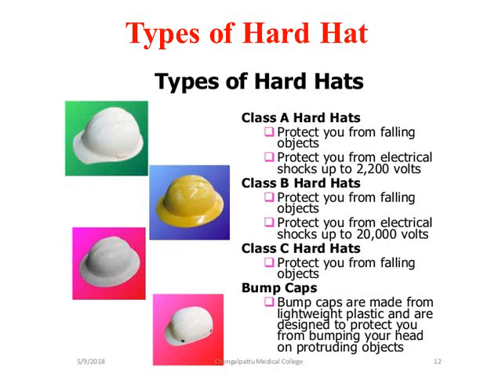That's the capacity of a class A hard hat. Coming to class B, it again protects from falling objects, and it also provides protection against electrical hazards. It can withstand electrical shocks up to 20,000 volts.